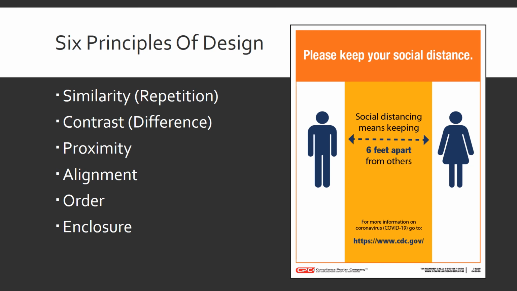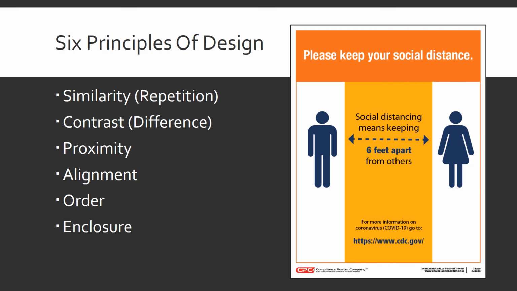But then we also have another enclosure in the middle where we have information about social distancing and keeping 6 feet apart, and all of that information is enclosed by that yellow box. But we have another larger enclosure of that negative white space, and on each side, which encloses the people and sort of puts them in their own little bubble, so to speak, right?